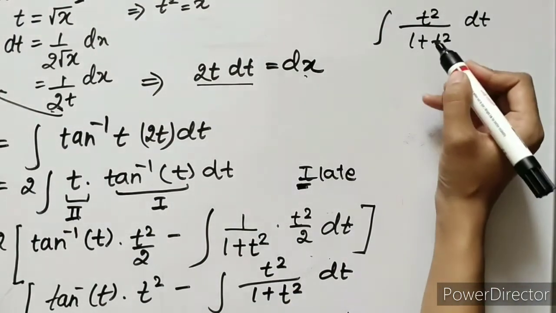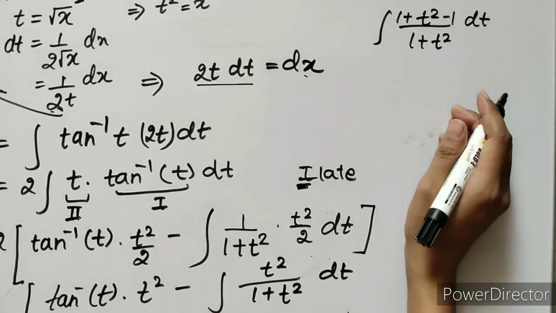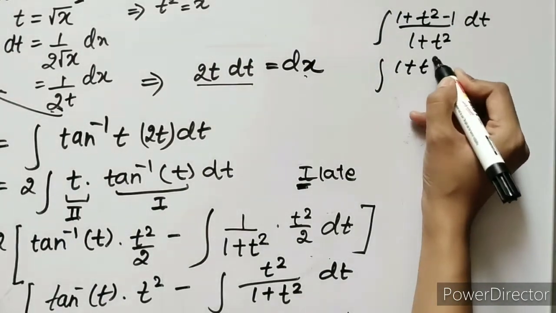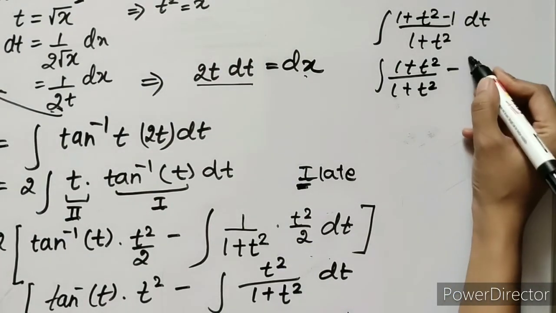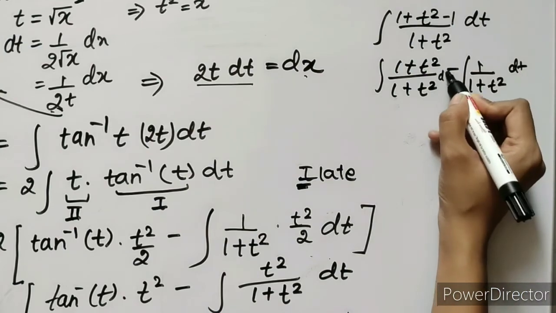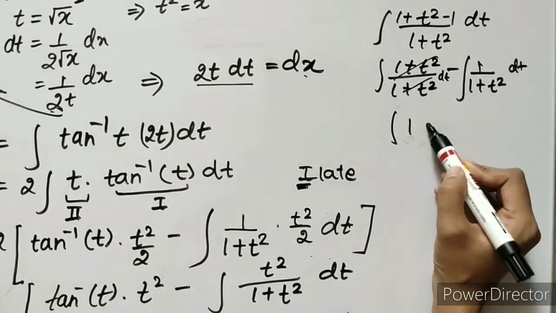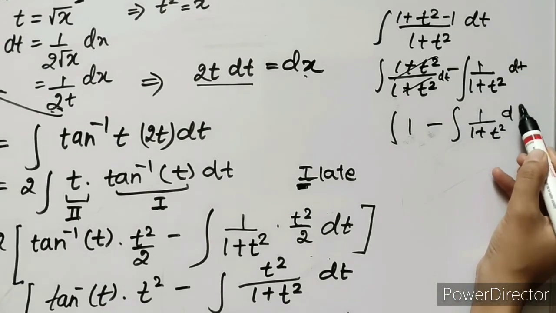So what I'm doing is adding 1 and subtracting 1. This will make no effect on the whole integral, and then I will just separate it, in this way, dt and dt. We can cancel it out as 1 minus 1 by 1 plus t square dt.